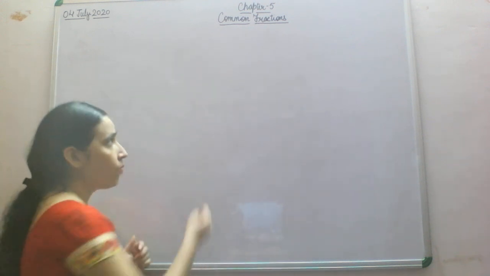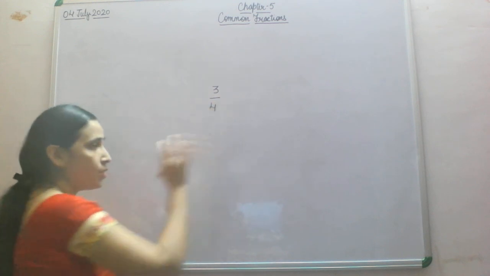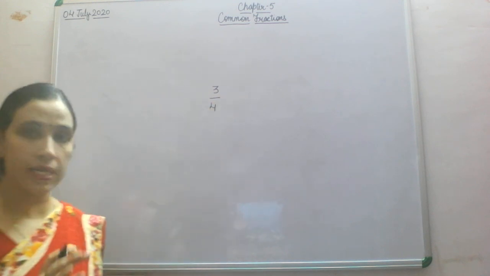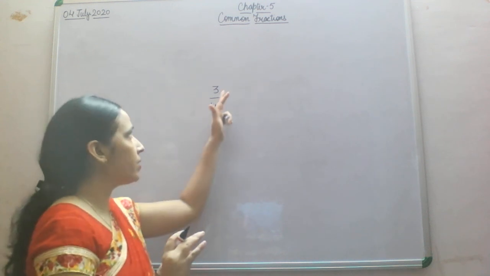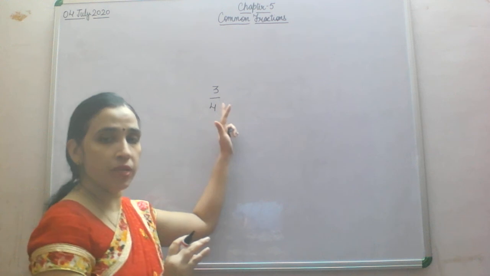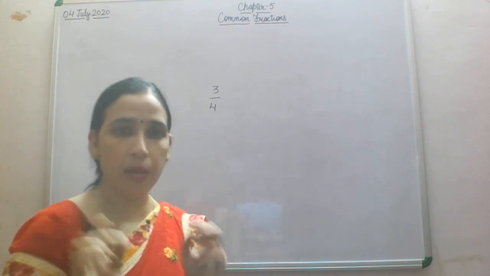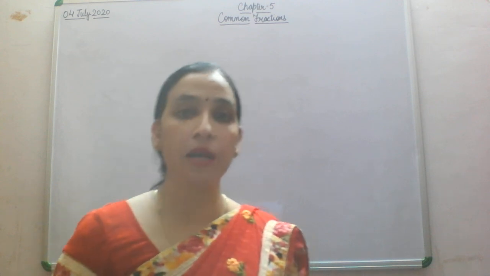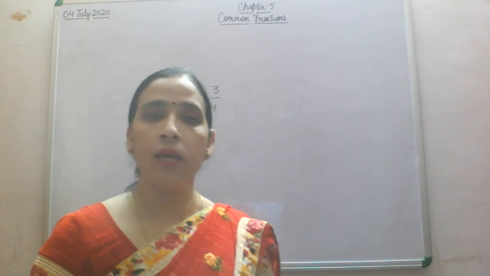So see a few examples of lowest term. 3 by 4, is it in lowest term? Yes, 3 by 4 is in lowest term, because in 3 and 4, 3 is a prime number, 4 is the first composite number. Now what are prime numbers, we have done in our previous chapter, but whenever we talk about it, we will revise it.